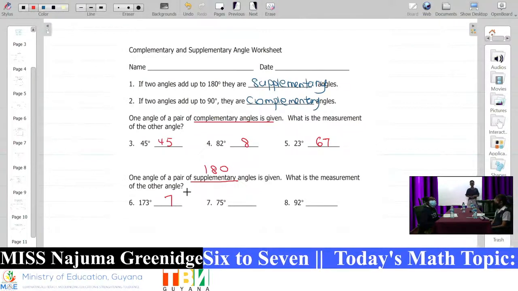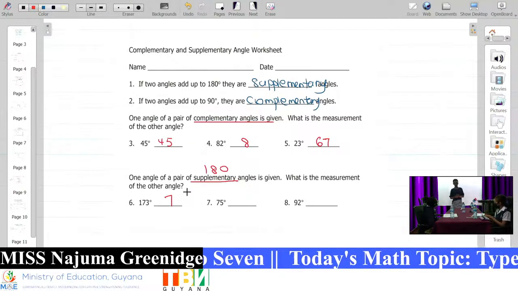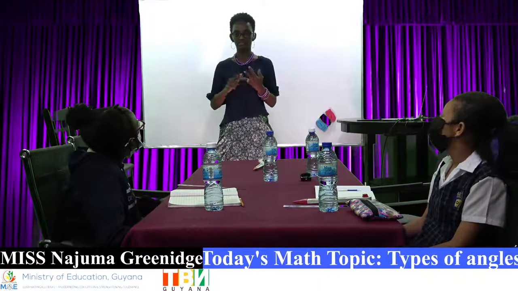And so we've looked at types of angles. Let's go through them. Right angle, acute angle, reflex angle, obtuse angle, and we did a full circle, which gives us 360 degrees. We also examined two other types of angles.